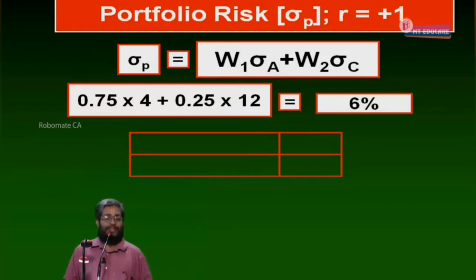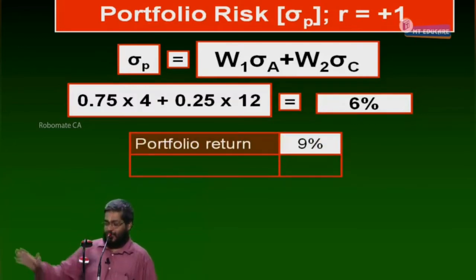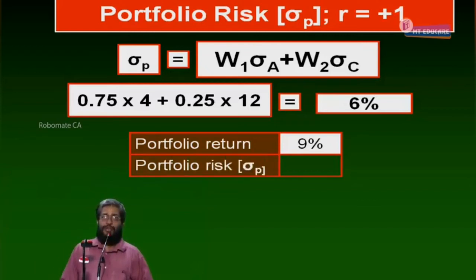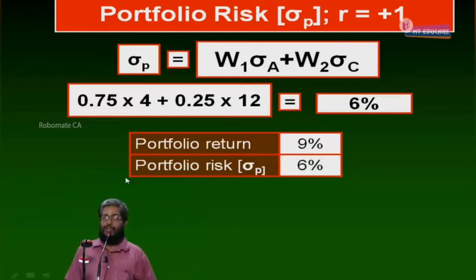Now let us continue. Portfolio return is 9%. This portfolio is expected to give me how much return? 9%. Portfolio risk, sigma P, how much percent? 6%. I want an answer: is it a good portfolio or not? Is it efficient or inefficient?